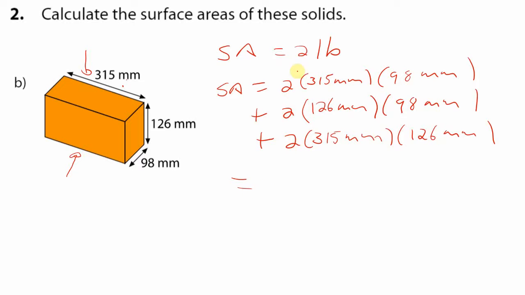So the pattern that you can see is we actually just have various combinations of the sides. We have a 315 times a 98. We also have a 315 times the 126. We have a 126 times the 98. We also have a 126 times the 315. We have a 98 times the 315. We also have a 98 times the 126. So it's just all the different combinations in fact.